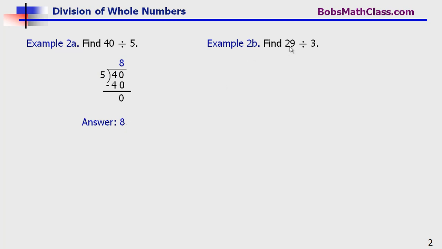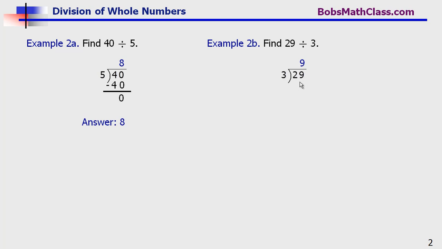Here's our next problem, 2b. 3 into 29. 29 divided by 3. So we want to get as close to 29 without going over. Well, 3 doesn't go into 2. So 3 into 29, let's see, that's 9 times. What is 3 times 9? 27.